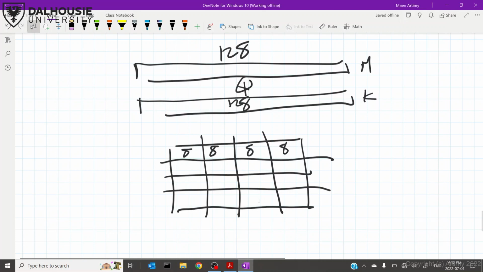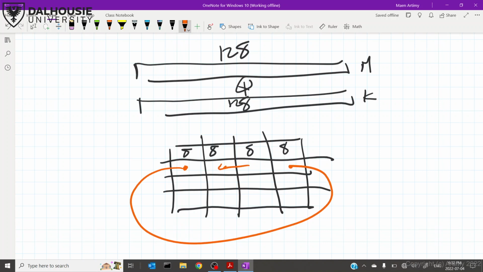So the first one doesn't change. The second one, we take this and move it here, and we shift everything else. For the third row, we shift twice. So this one goes here, this byte goes here, and this byte goes to this one, right?